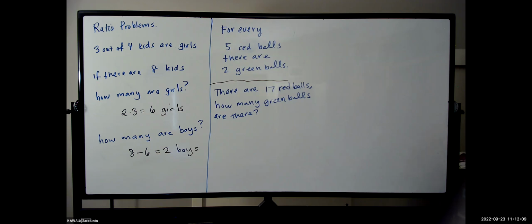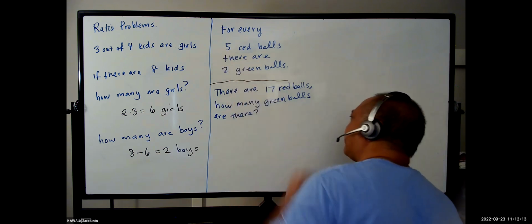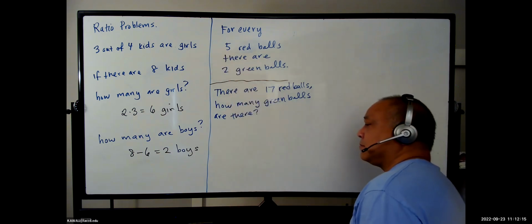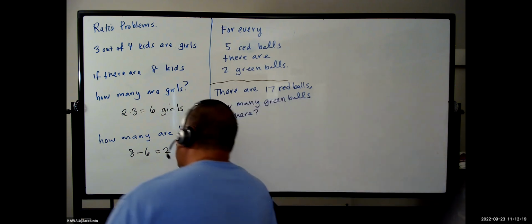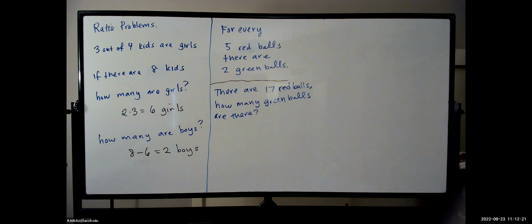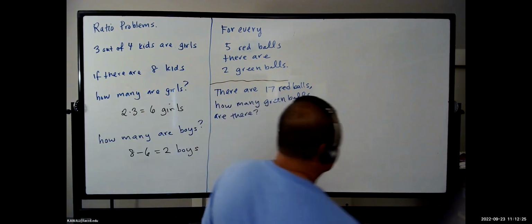Okay. Now that one's not so easy because you look at this and you go, 5 isn't divided into 17. So there's a problem here. This is where we use this concept called ratios. So what we want to do is say like this.